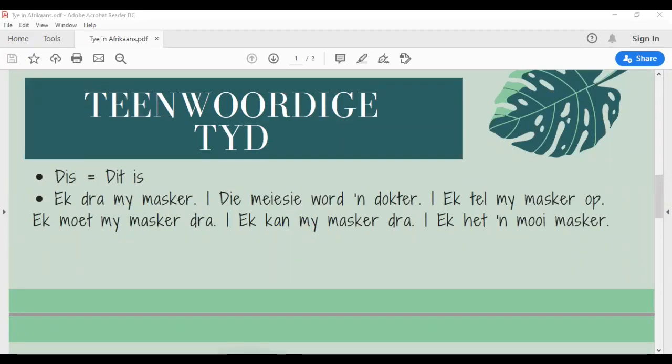Now, we have a future tense sentence. Sy sal 'n masker dra. What do we take out now? To make it present tense, sal. We take out sal. And what do we replace sal with?